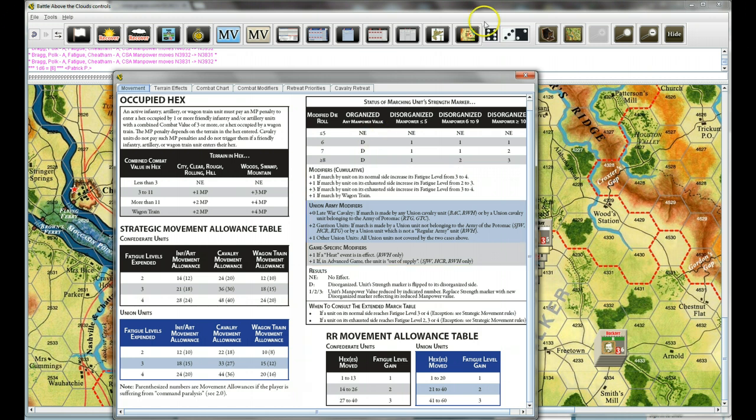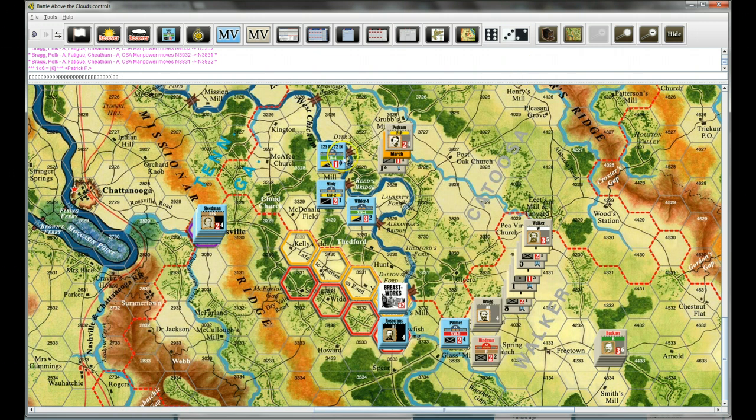So that is extended march, and you really want to pay attention to that, because that is something that you have to manage, especially when you have these large forces moving around. Buckner, you can see he has very large forces that are susceptible to it.